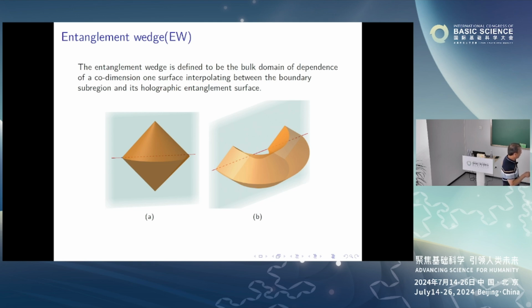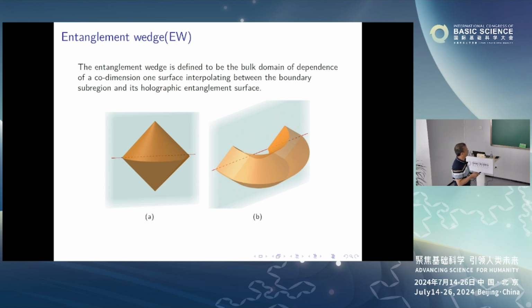So actually the RT surface is this small arc and this large arc. And then we get this. So the domain of dependence is this kind of form, and this is the so-called entanglement wedge.